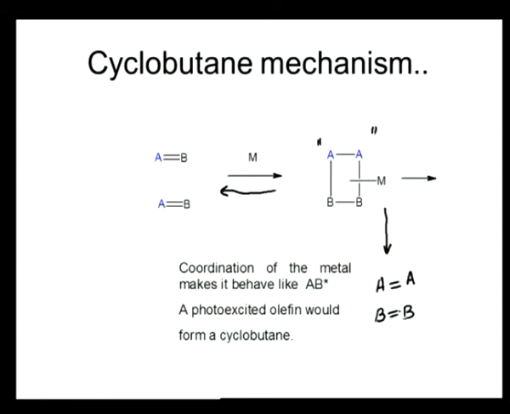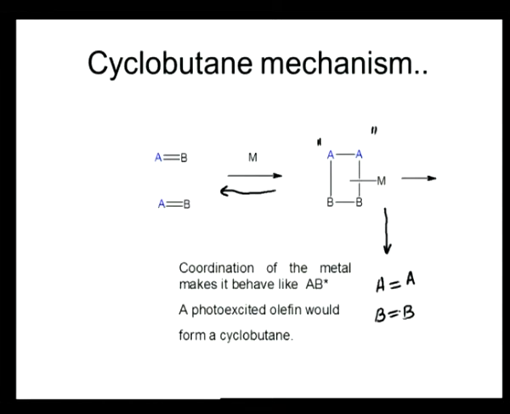Now, how can one propose such a reaction mechanism? If you remember, we said that when an olefin is coordinated to a metal, electrons are depleted from the highest occupied molecular orbital of the olefin, and they are pushed into the lowest unoccupied molecular orbital, or the LUMO, of the olefin.